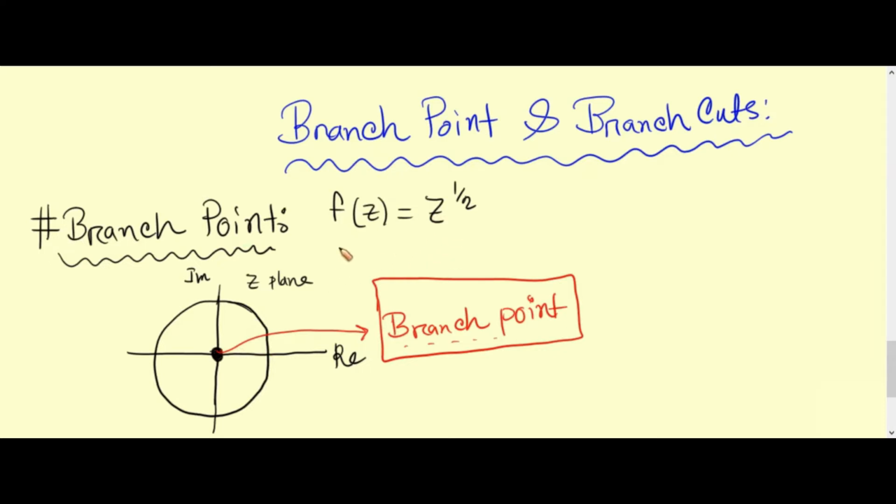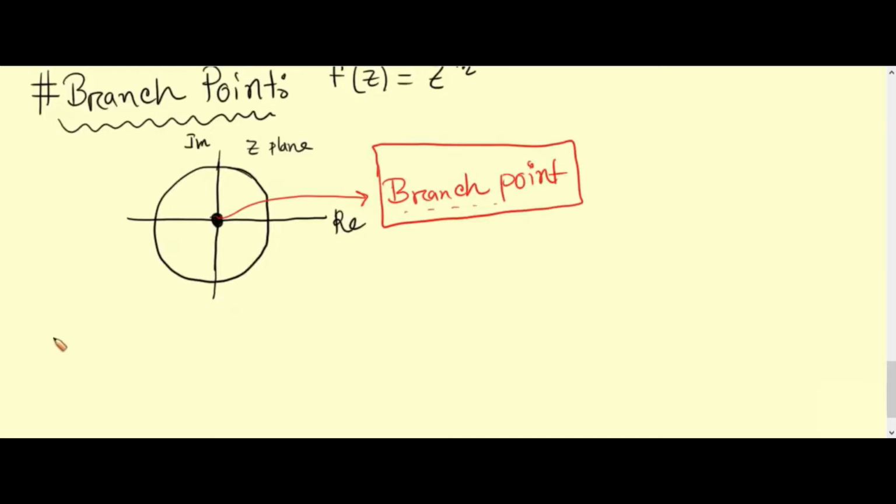Also here, let me just write it down. The reason we want to do this is because at z equals 0, remember we are just discussing our particular example when f of z is defined as square root over z. For other functions you might get other branch points as well.